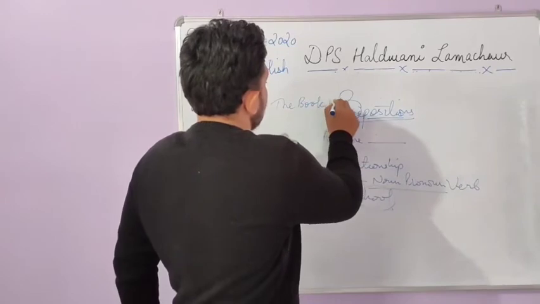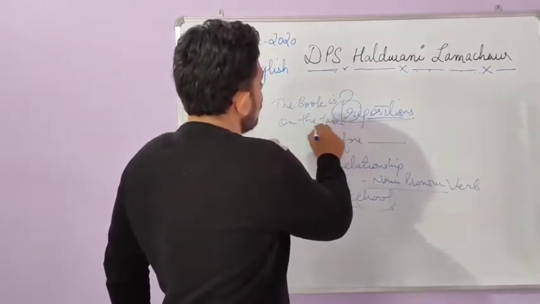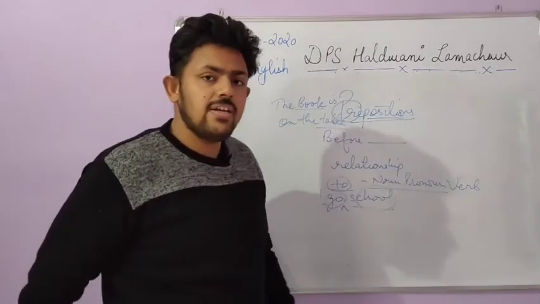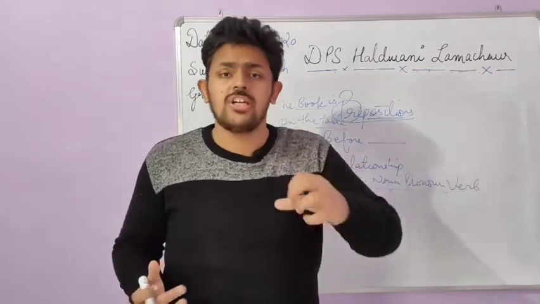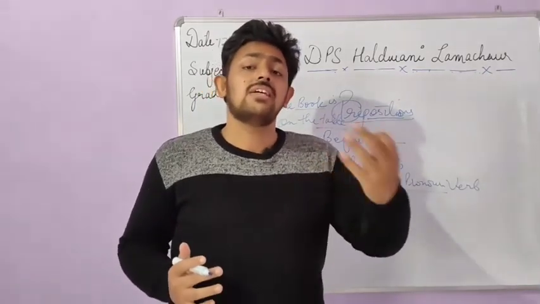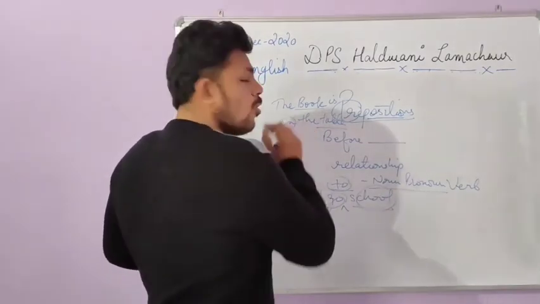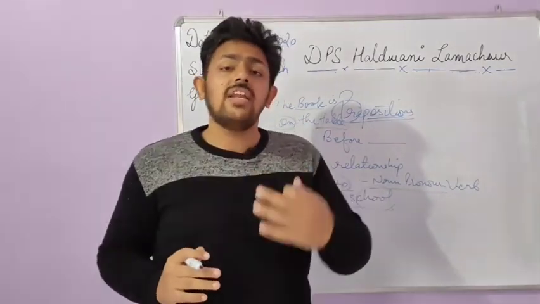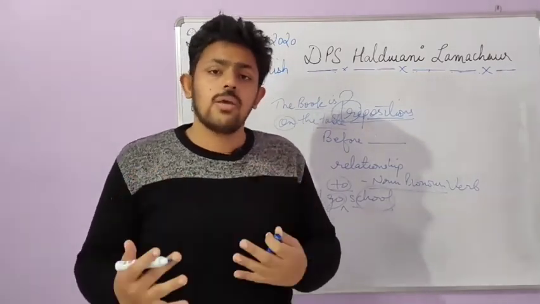So here the relationship of the book and the table is defined. Where is the book kept? The book is kept on the table. We are not saying the book is table. We are using the preposition on, meaning above it. So we are defining the relationship. It is on the table.